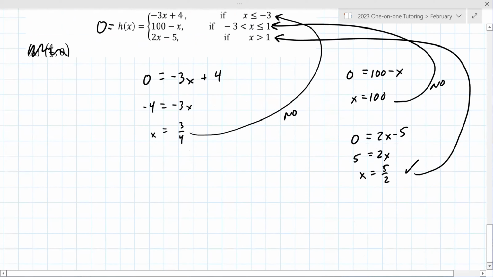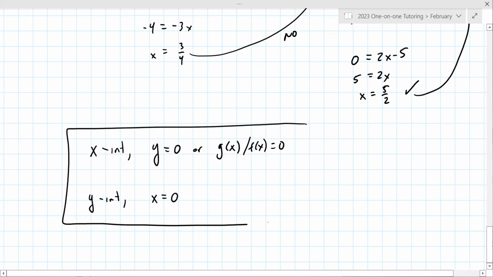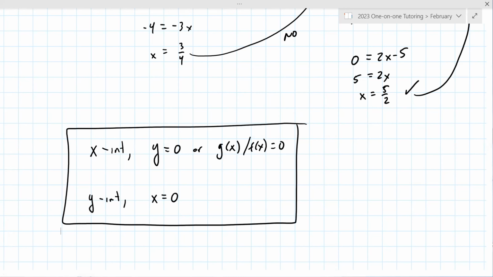So the summary is that for the x-intercept, you set y equal to 0, or really g of x or f of x, whatever it is, equal to 0. And for the y-intercept, you're setting x equal to 0. This is kind of your summary of the process.